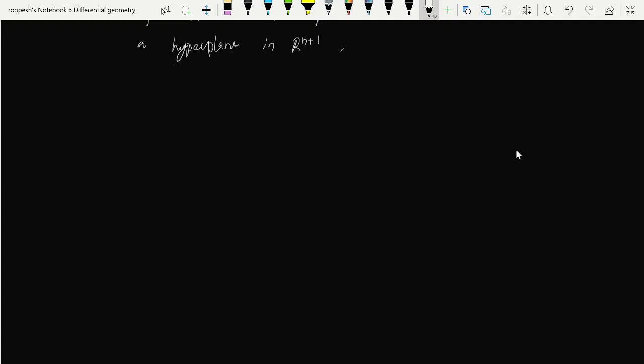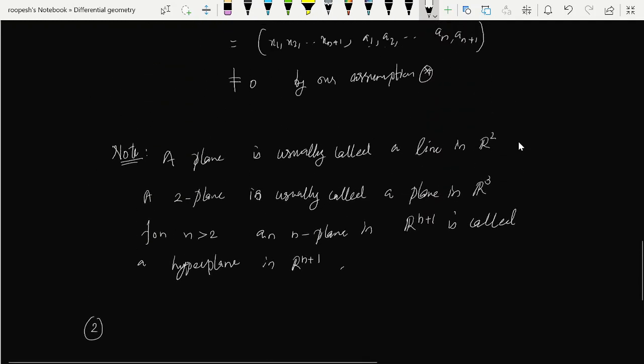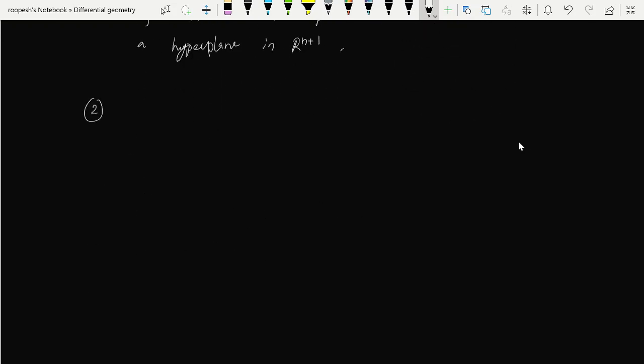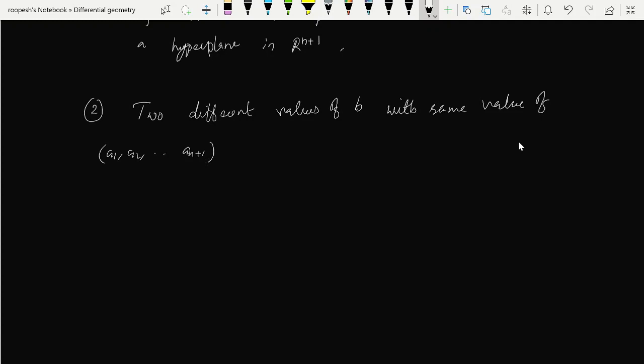When you have two different values of b, b1 and b2, with the same values of a1, a2, ..., a_{n+1}, they define parallel n-planes. We can check it, right?